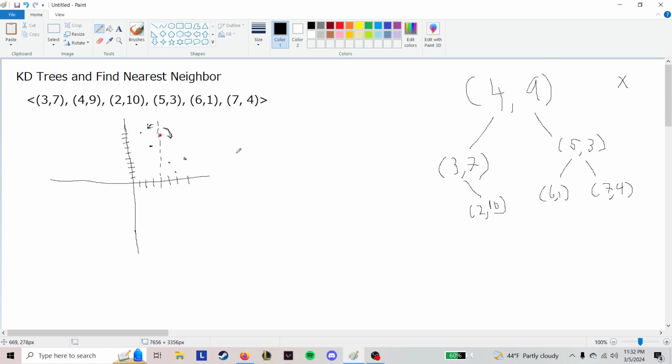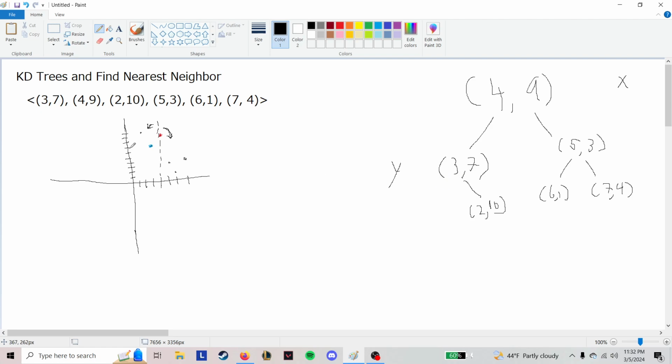So now on the second level, we're splitting on the y. So on the left we have this point 3, 7. So 3, 7 is this point right here. The property being followed is all points that have greater y are going to be found in the right subtree, and all points with lesser y are going to be found in the left subtree.